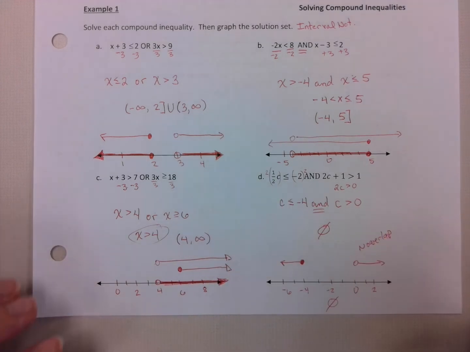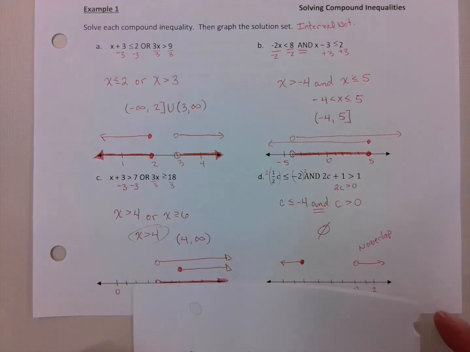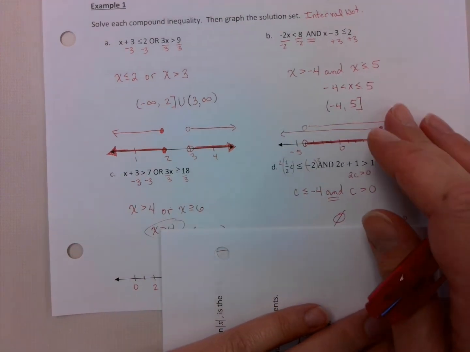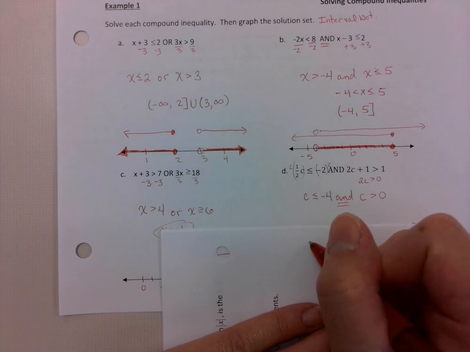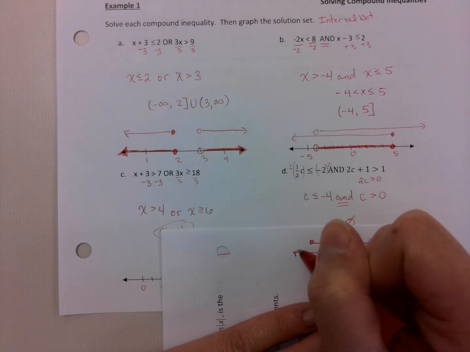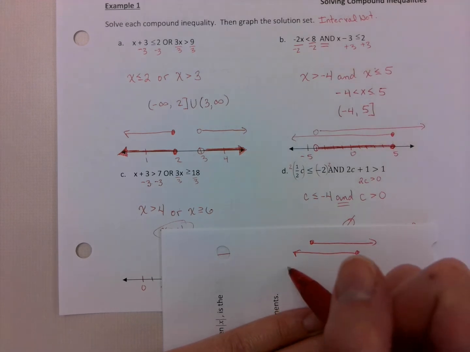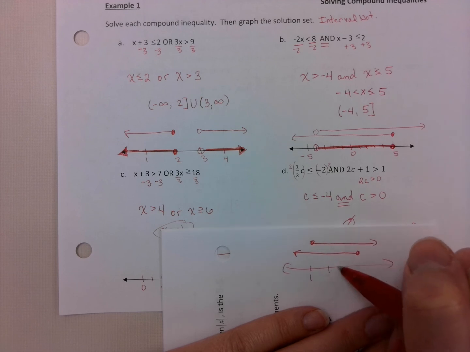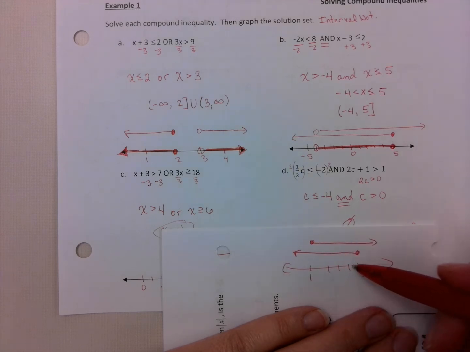So there's one more thing that could happen that I'm going to show you. That one more thing is if I had an or statement that went like this. Let's say this was an or statement and I went to graph it. If I wasn't paying attention, I would think, oh, well, it's everything. 1, 2, 3, 4, 5.